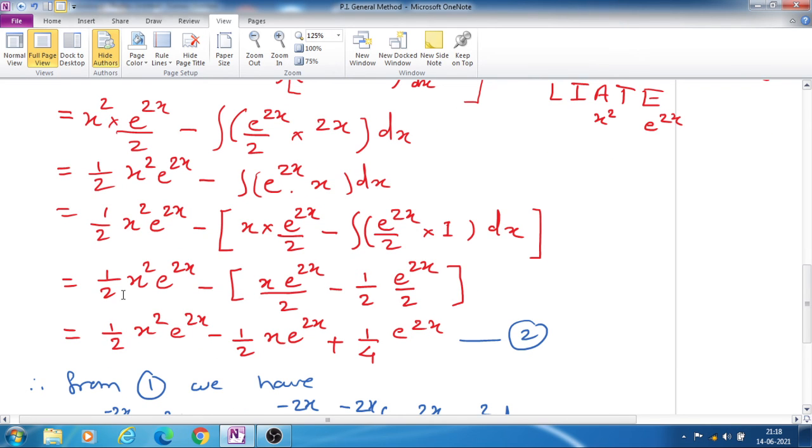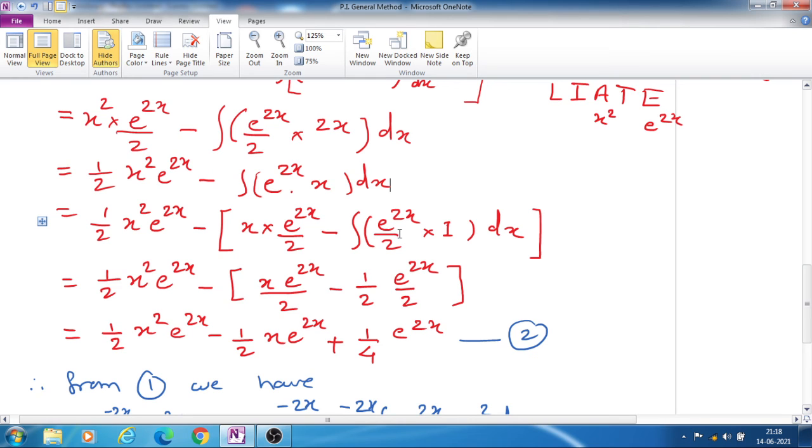Therefore this is equal to 1/2 x square e raised to 2x minus, this is x into e raised to 2x upon 2 minus, here 1 upon 2 is outside, and only the integral of e raised to 2x.